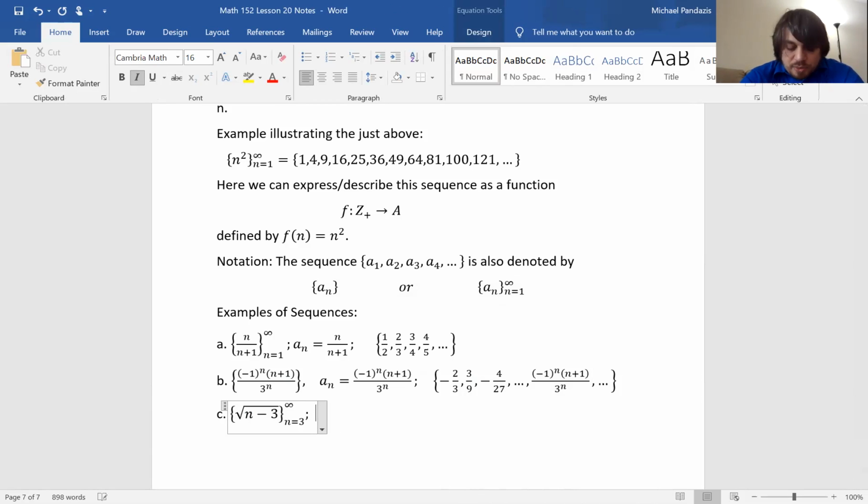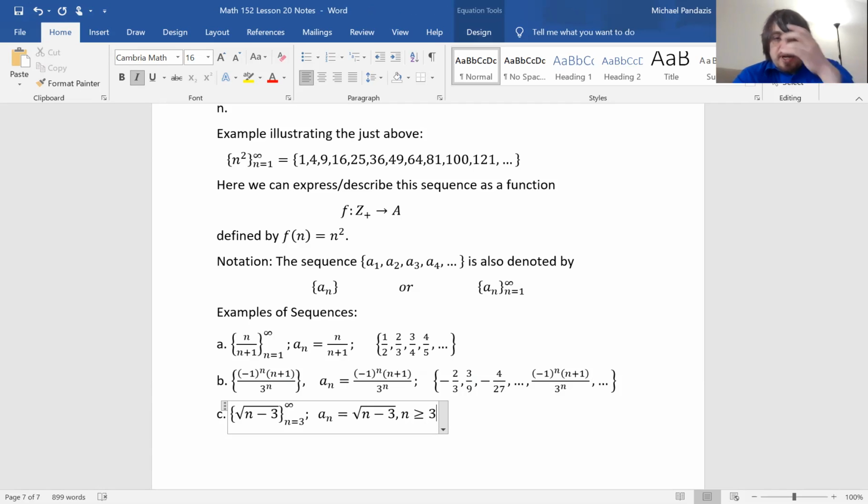I can't start at n equals 1, which means maybe it's not obvious what it is, or maybe it is because you'd start at 3, right? But a sub n is equal to the square root of n minus 3. Okay. And then this is again for n greater or equal to 3.